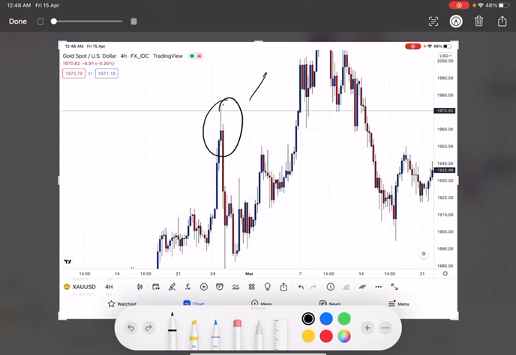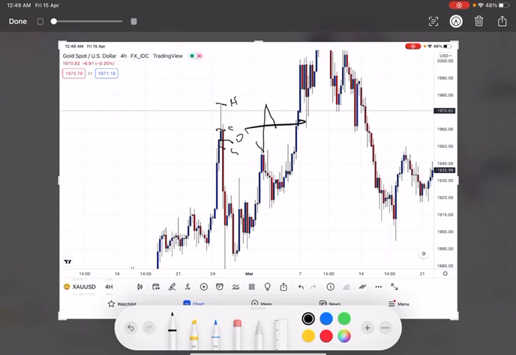Let's have a look at the open, high, low, and close. Open, low, high, and close. If I was to draw a line, it would go like this: open, low, high, and close.